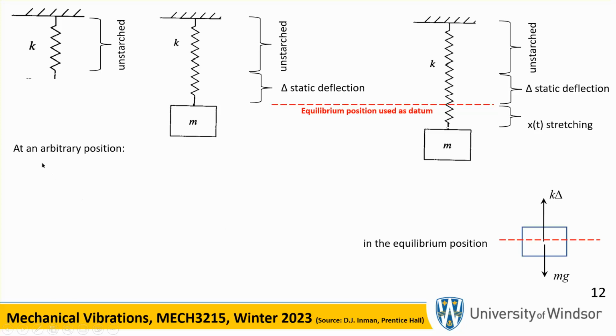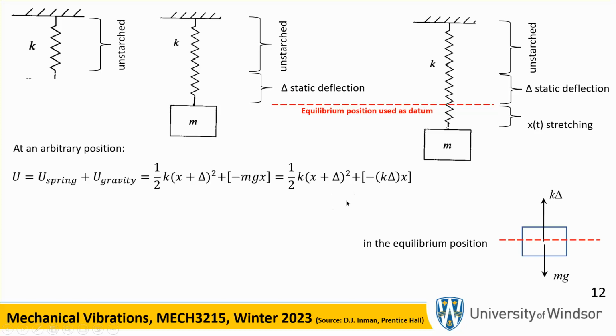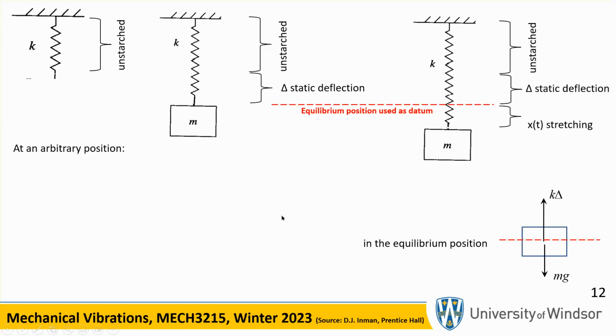So let's go ahead. When you look at an arbitrary position of the block, what can we say about the potential energy? First of all, there is potential energy already stored when we look at this configuration. You see that? Because the spring has already stretched by the amount delta, there is some energy stored there, 1/2 k delta squared.